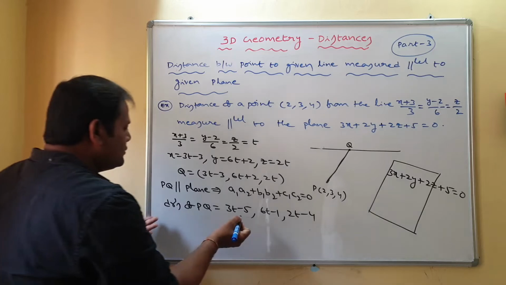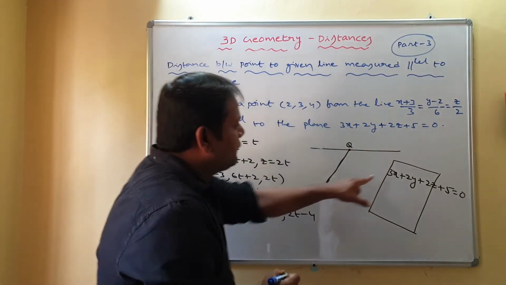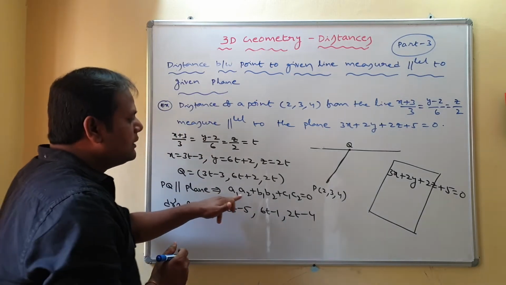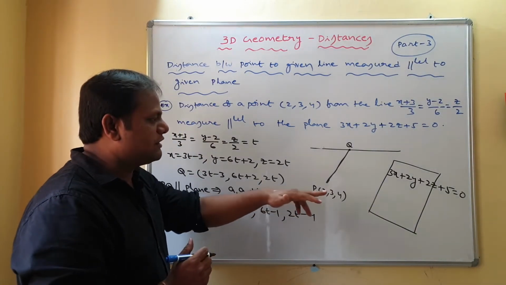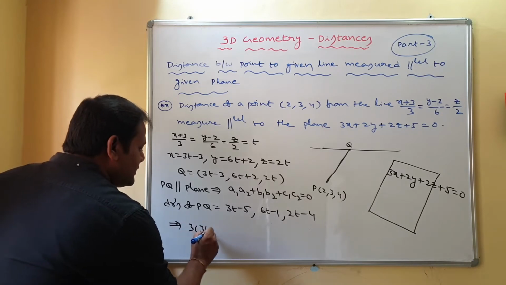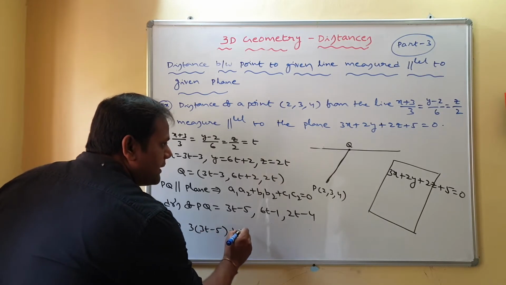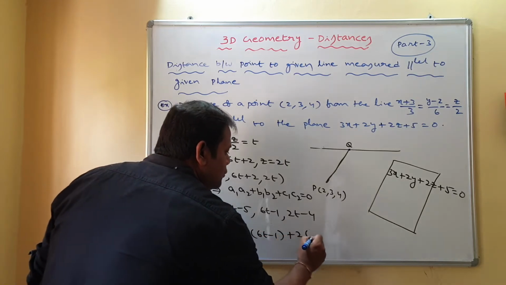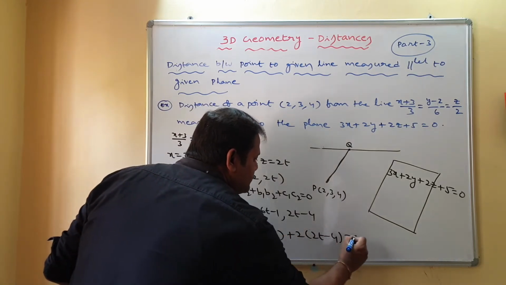So these are A1, B1, C1. From the plane you can take A2, B2, C2. So you can write 3 into (3t minus 5) plus 2 into (6t minus 1) plus 2 into (2t minus 4) equal to 0.